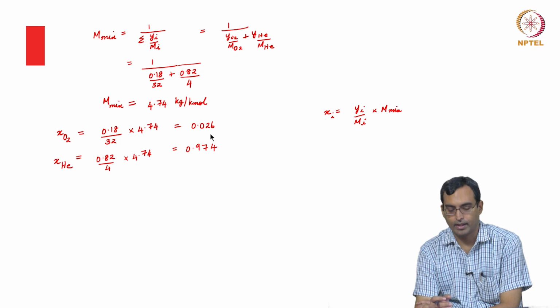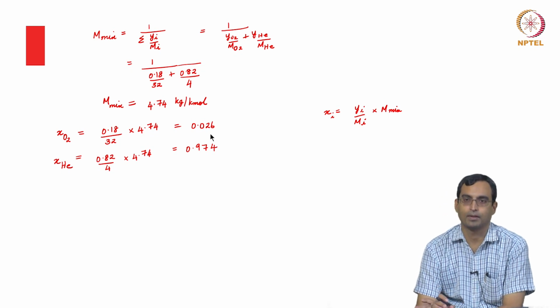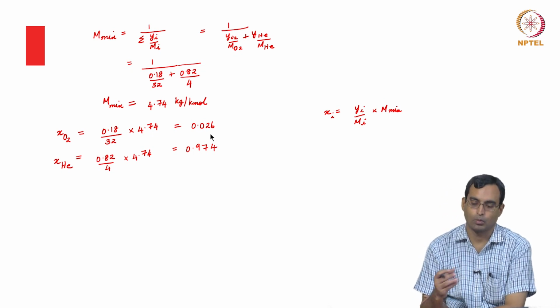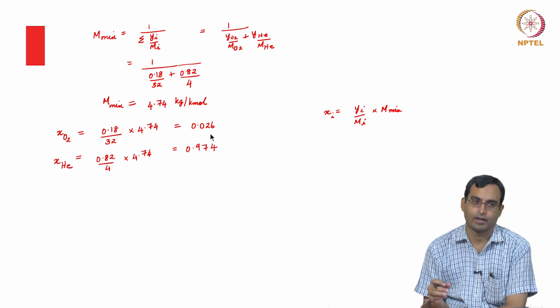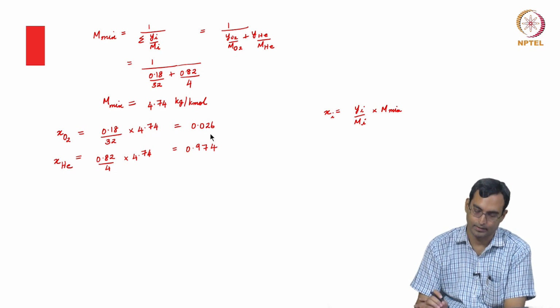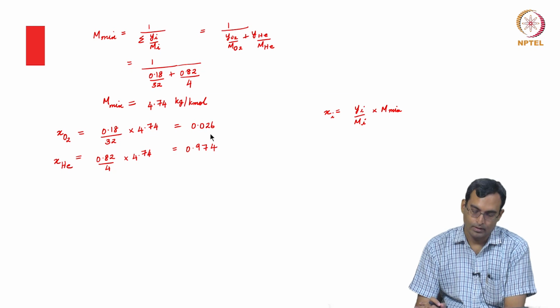So, if I look at mole fractions, which is essentially looking at number of moles or the volume, I would expect that the mole fraction of helium would be larger than the mass fraction of helium in these kind of cases.